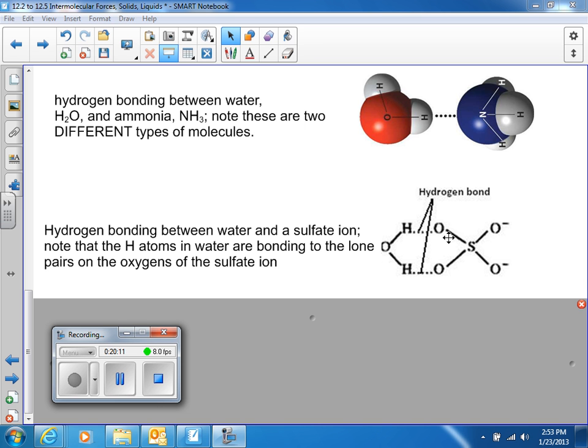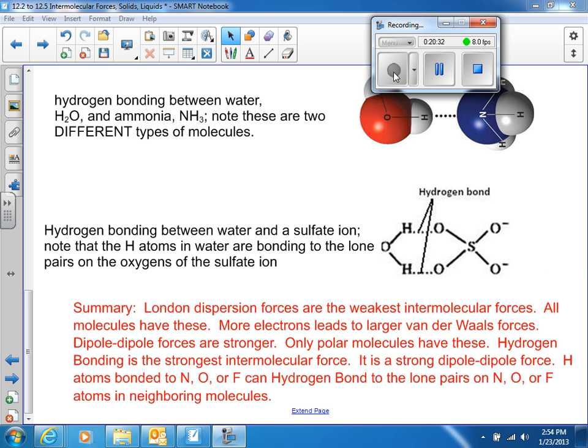But it can hydrogen bond with a molecule that has H bonded to N, O, or F, O right here. And these H's on water can hydrogen bond to any N, O, or F, like this N right here or this O right here, on any separate particle. Okay, hope that all makes sense.